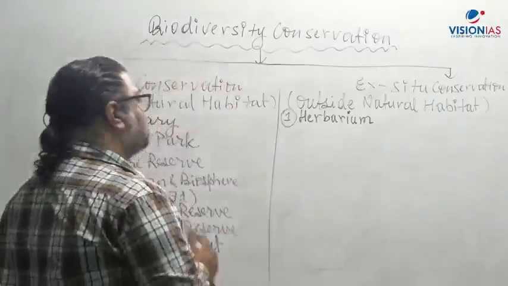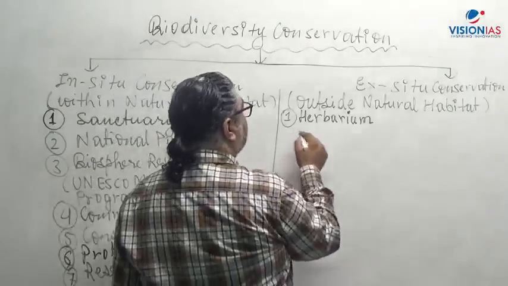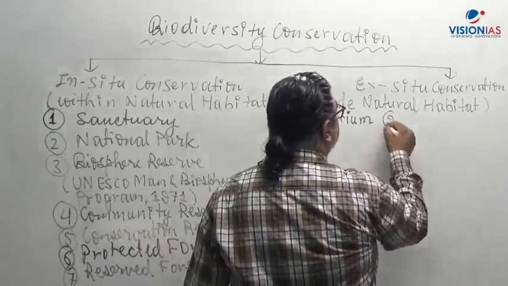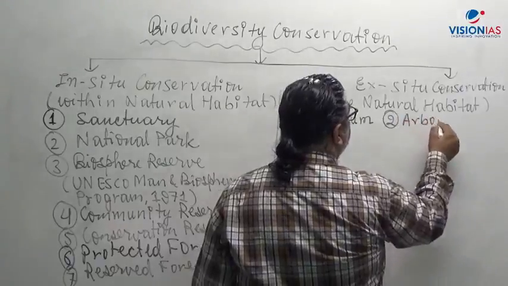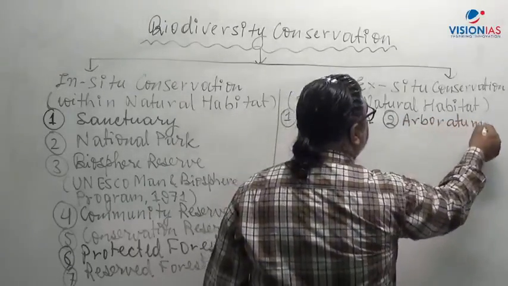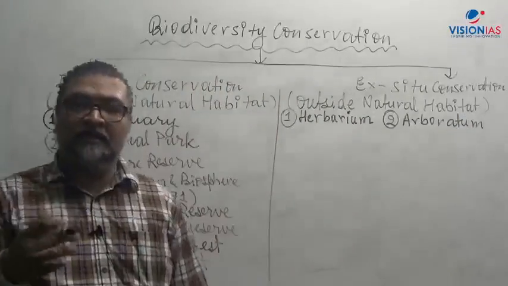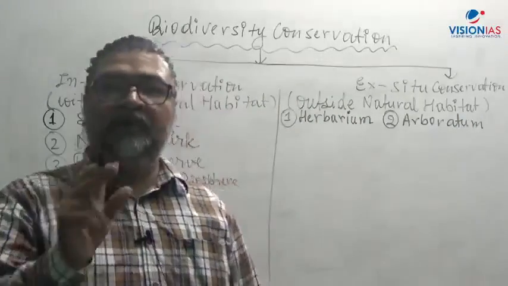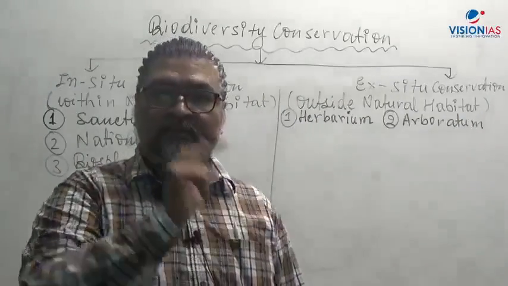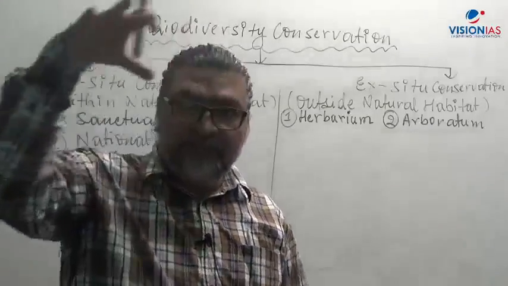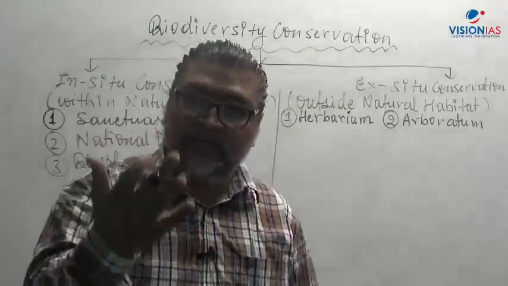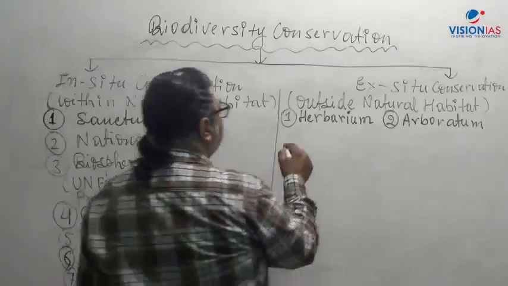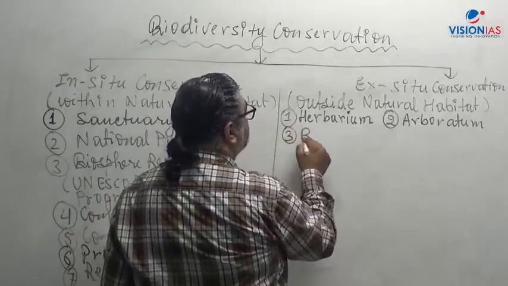Then comes here next one for plants only, that is what is called arboretum. Arboretum is basically botanical garden. Whenever the word arboreal comes, that is trees, where you have a collection of trees, particularly in the botanical garden.